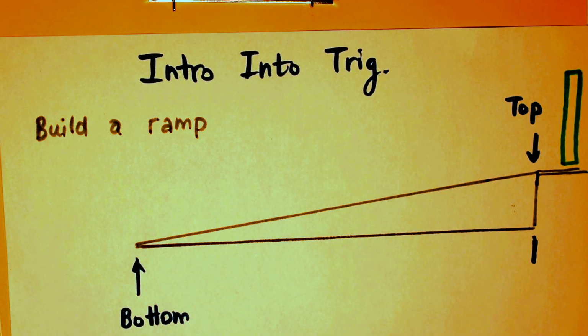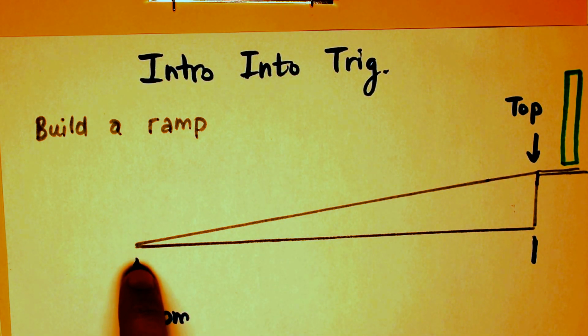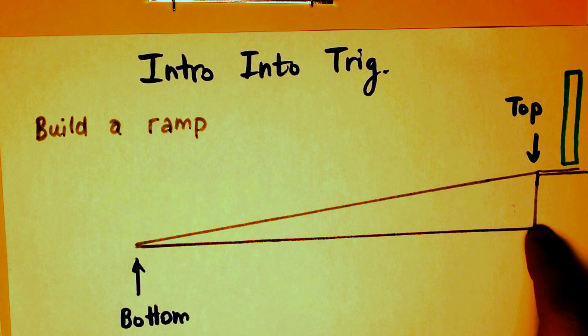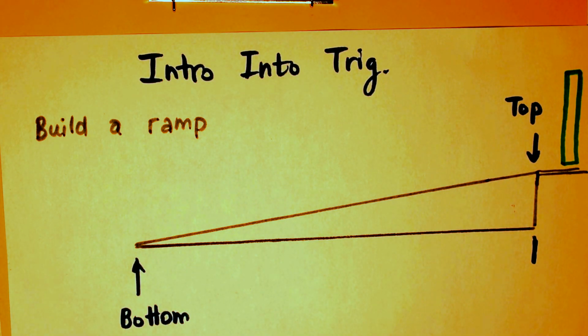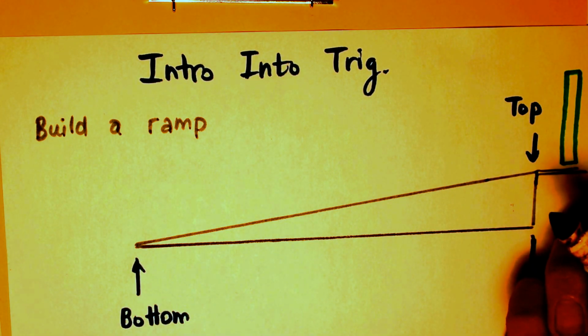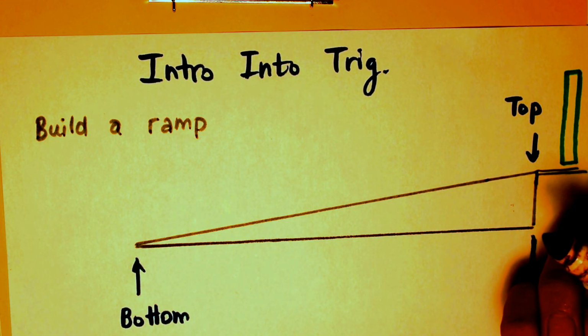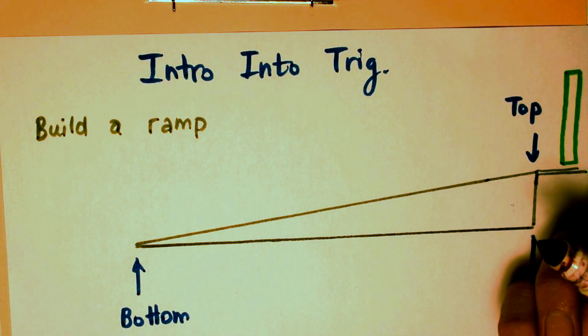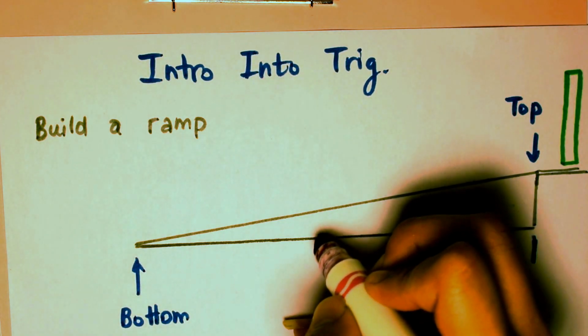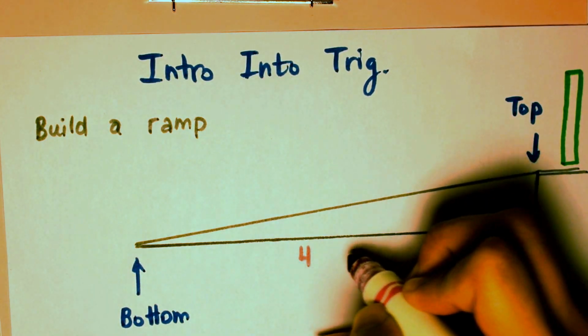And let's say that we know the distance from the bottom of the ramp to the top of the ramp. 8 meters is too much. What would be a reasonable length for that ramp? Maybe 3 meters, let's say 4 meters.